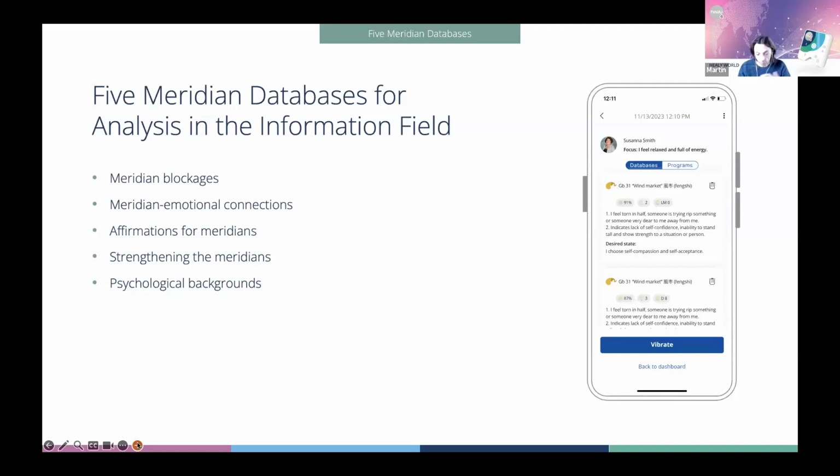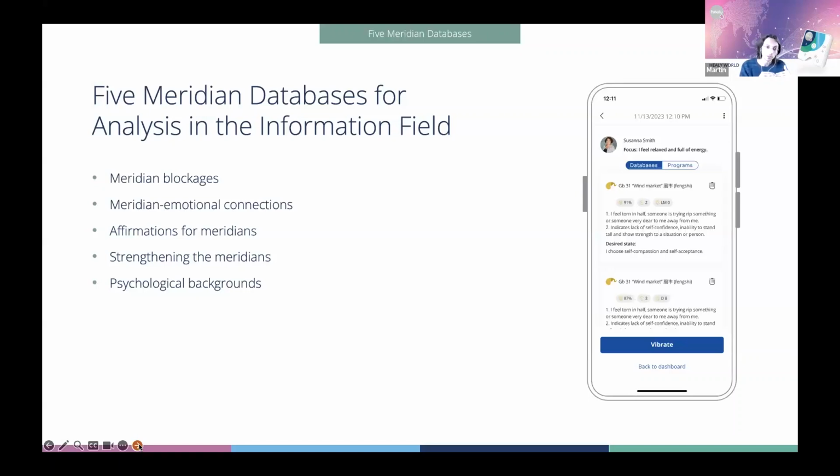After you have started the analysis and got those acupuncture points, when you analyze in those acupuncture points, we have 5 meridian databases which are used to analyze in every acupuncture point. 4 of them are meridian specific, which means every meridian, as we already said, has a special emotion, has a special organ attached to it.